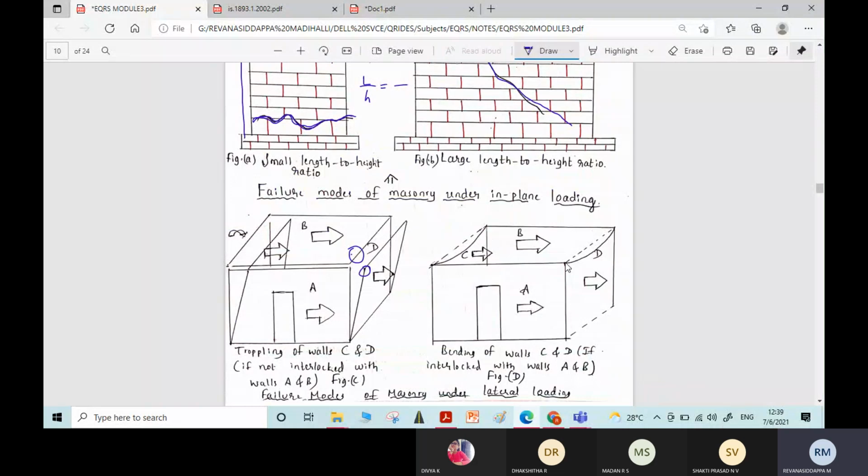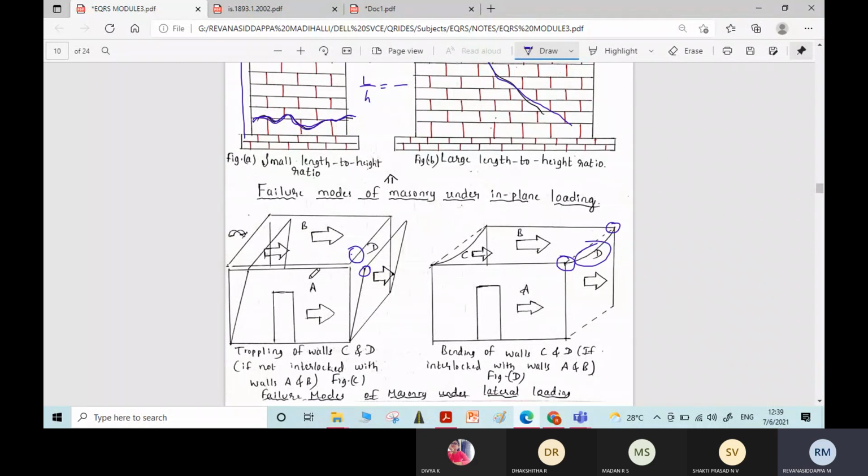If proper fixity is given at the corners as well as between the diaphragm and the wall, between the slab edge and the wall, then a combined action of the structure will take place, which will result in efficient handling of the earthquake forces.